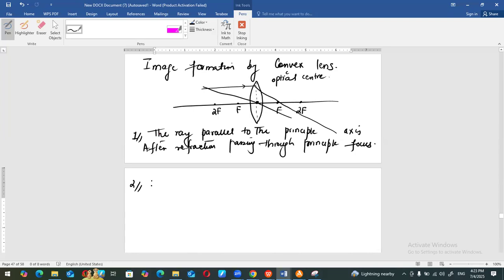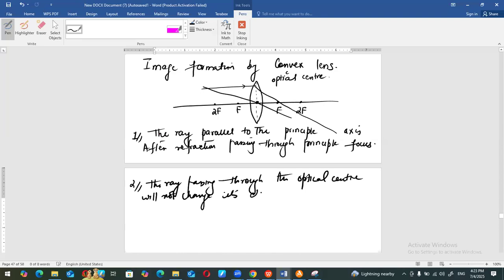So the light ray passing through the optical center will not change its direction after refraction.